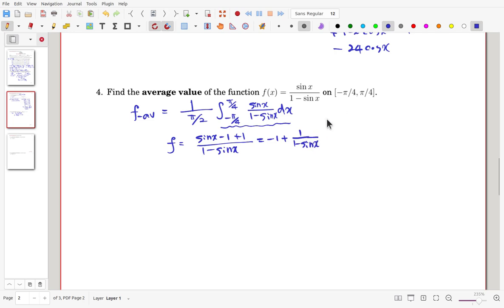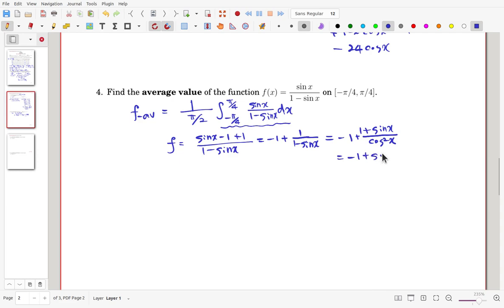Yet we have a problem, so we'll multiply 1 plus sine x top and bottom. Then that will be minus 1 plus 1 plus sine x, and the bottom is 1 minus sine squared x, so that will be cosine squared x.